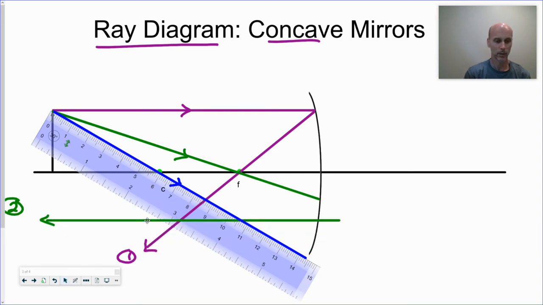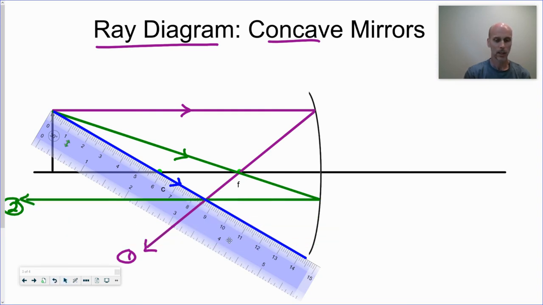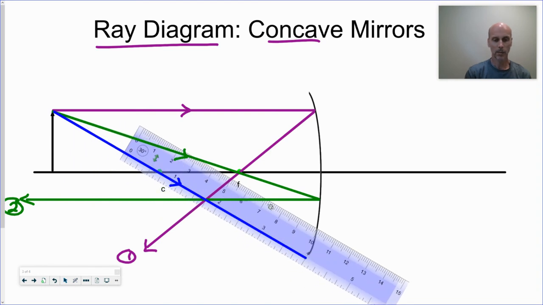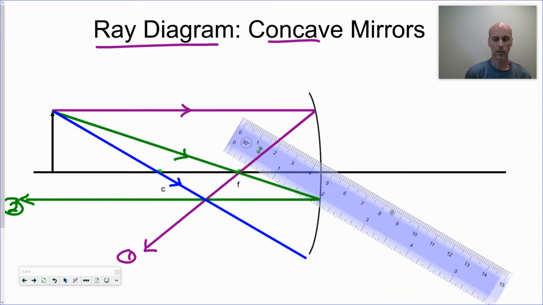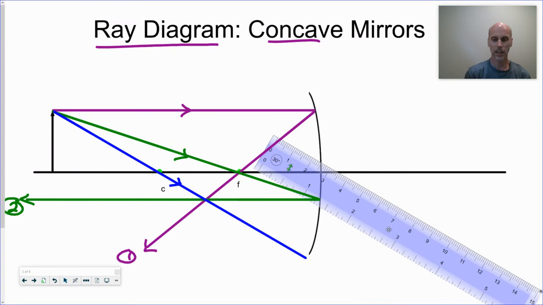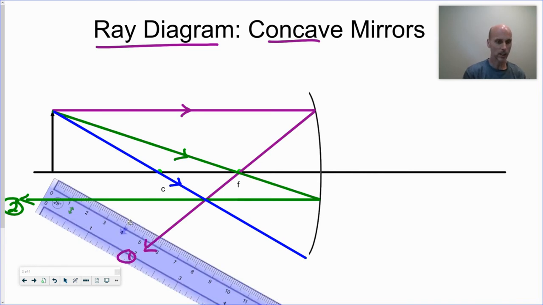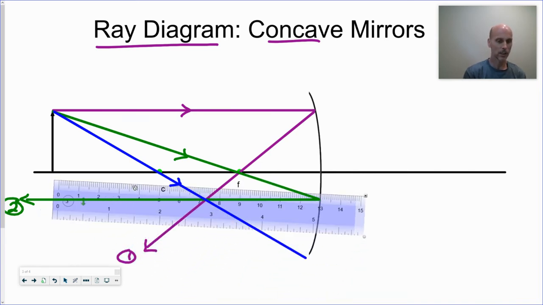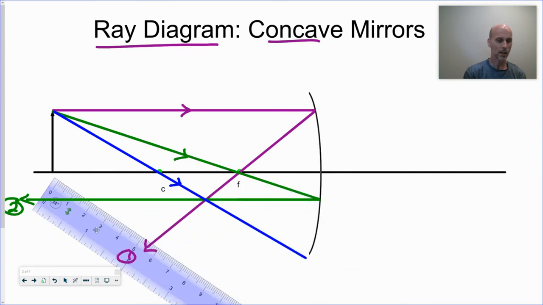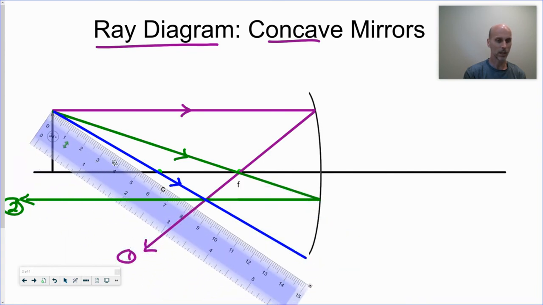So, put that back. Any beam of light that travels from the object and hits the mirror as it travels through the center of curvature is going to reflect straight back on itself. So actually, I shouldn't have even moved my ruler.